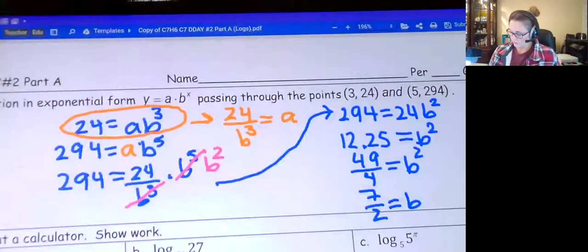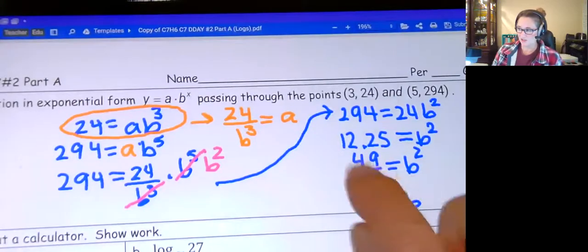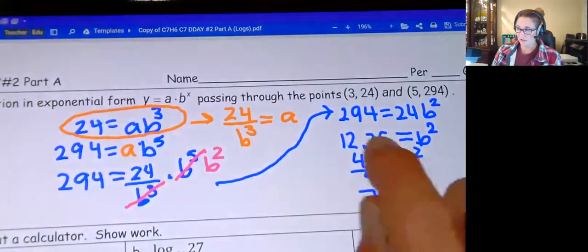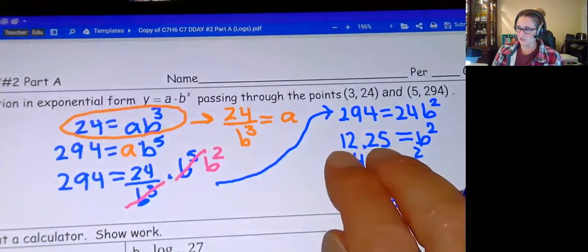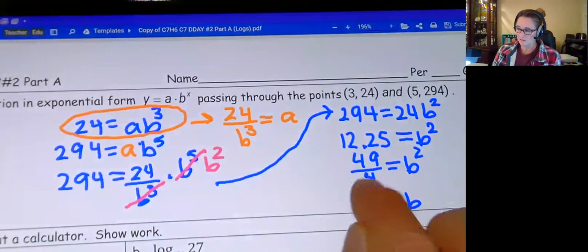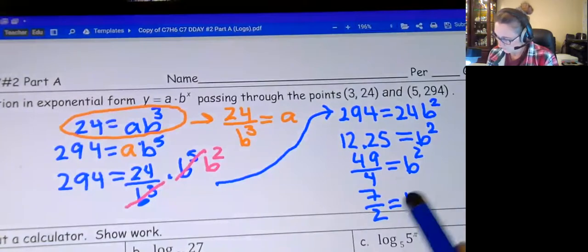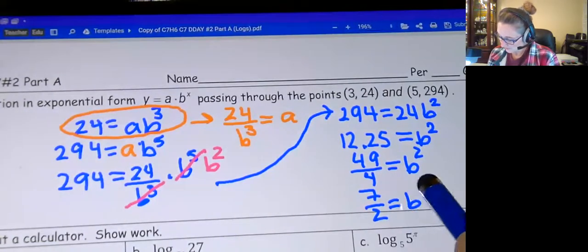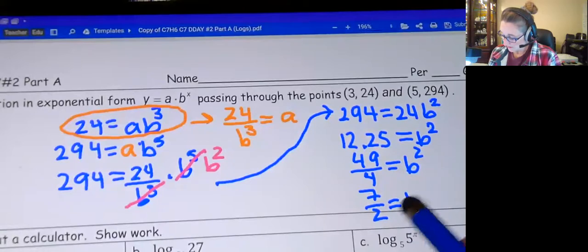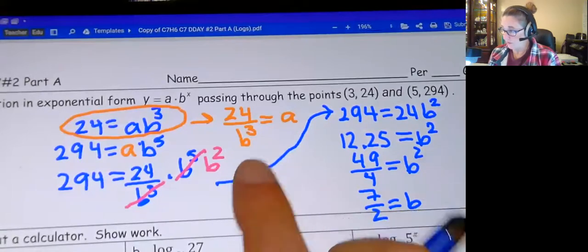So that's okay too, but sometimes these actually are nice fractions. If you have it as a decimal, this decimal is not bad, sometimes they can be a little worse, and sometimes it might be a nice fraction, so you might check that out. So this is 7/2 or 3.5, whichever way you want to think about it.